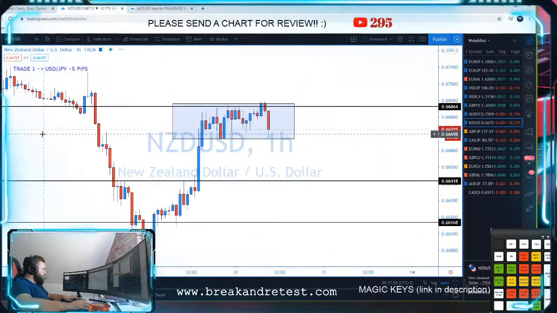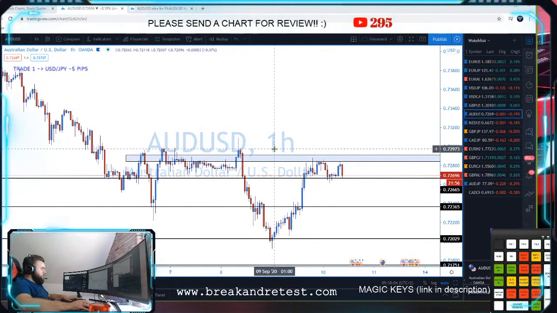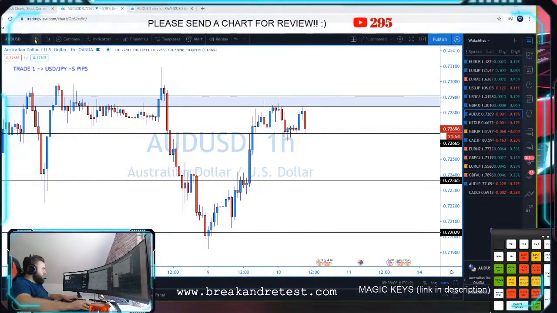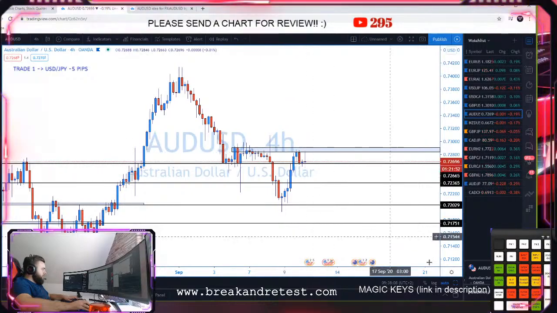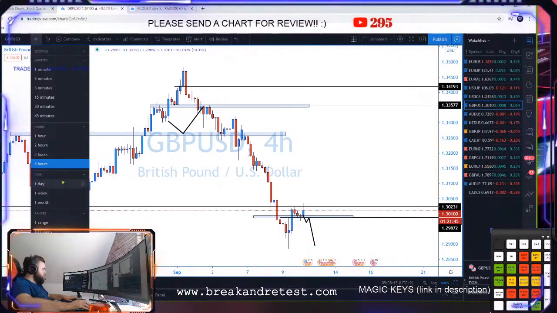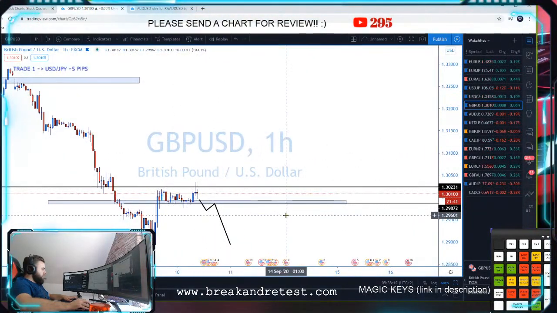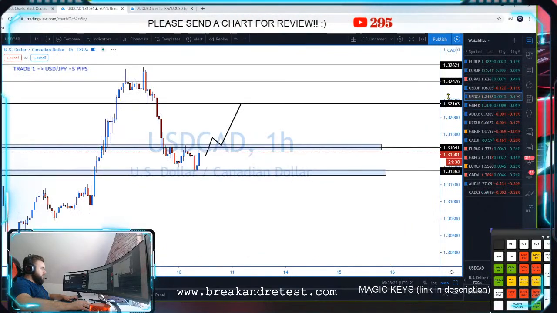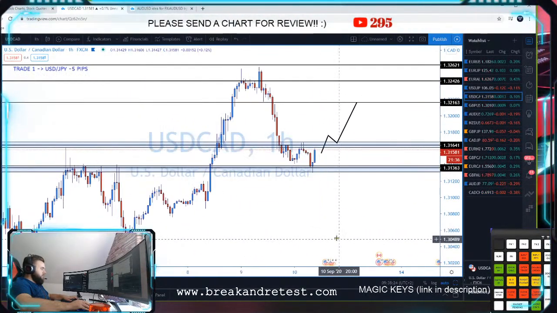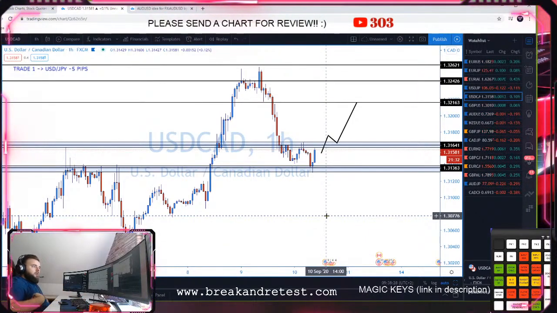We just need to focus on Aussie dollar, can give us a nice one. GBP USD can give us a nice one. But GBP USD is a little bit too far right now. The USD CAD can give us a nice one. Other pairs are very messy.